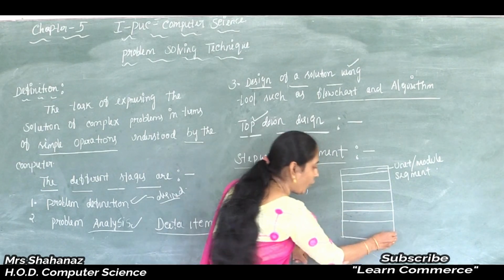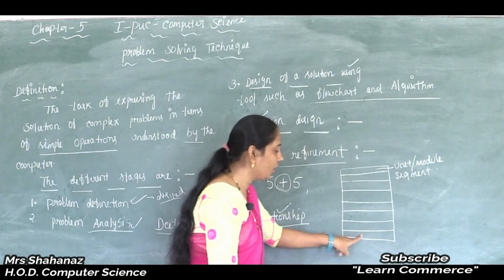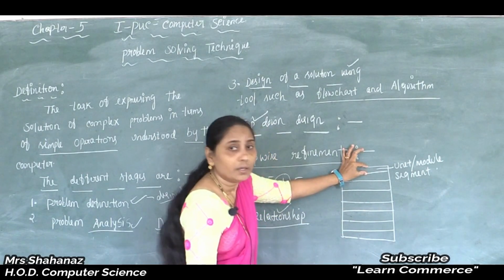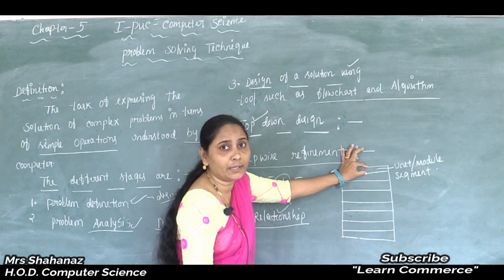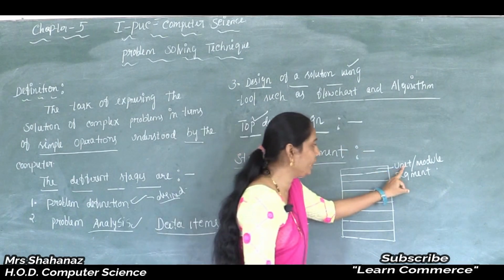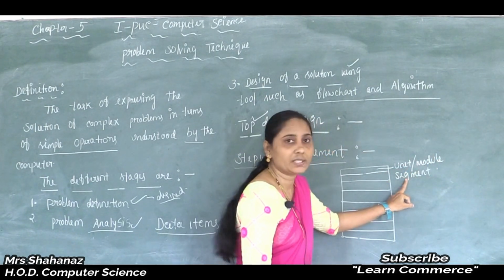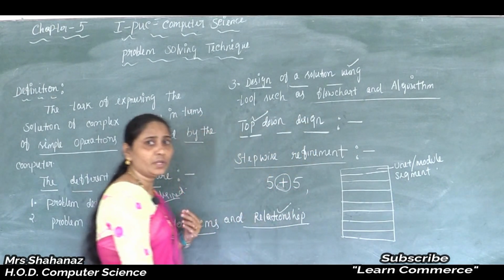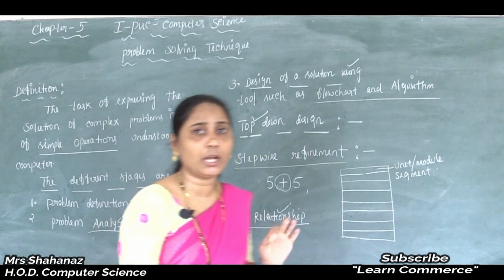If you want, you can divide this one also, now it is 8. Each divided part is called a unit, module or segment. Like that we use the name for the division part.